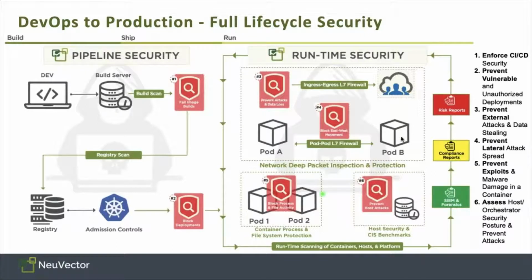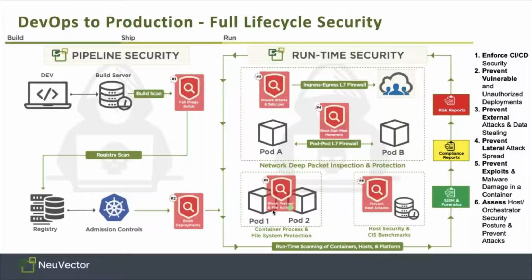And the reason is that if an attacker is going to get into your infrastructure or steal data, they're going to get in through the network, they're going to expand laterally through the network, and they're going to steal data through the network most likely. So it's critical to be able to implement this type of firewall, but how do we do this in such a way that doesn't require manual creation of firewall rules and inspection of those? How can we automate that process?